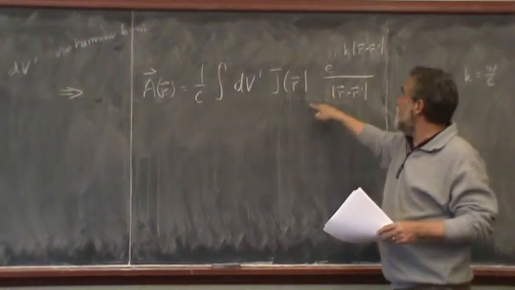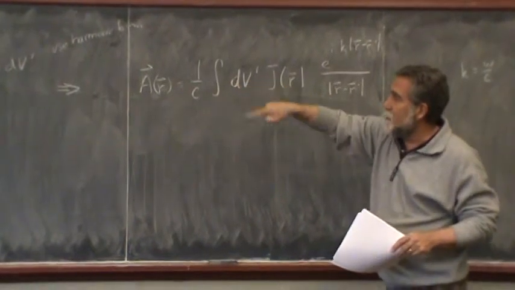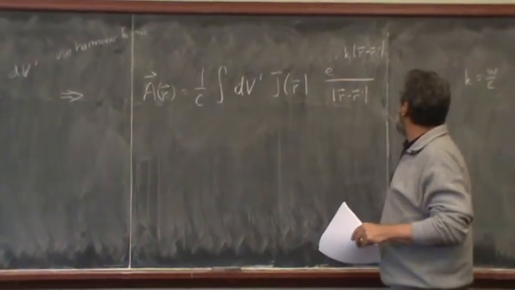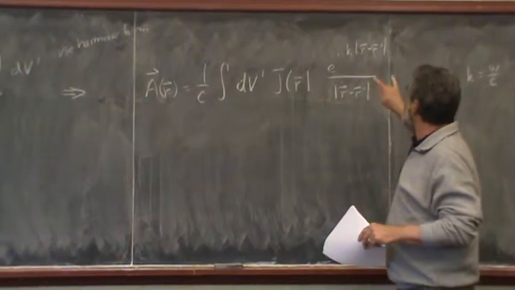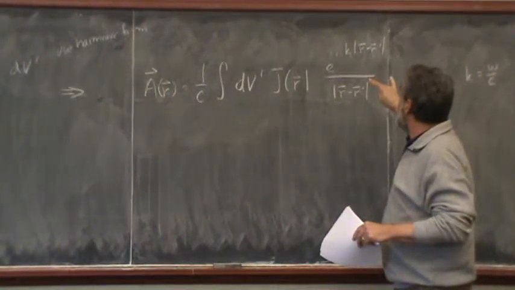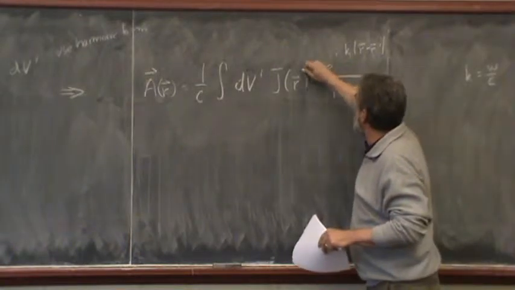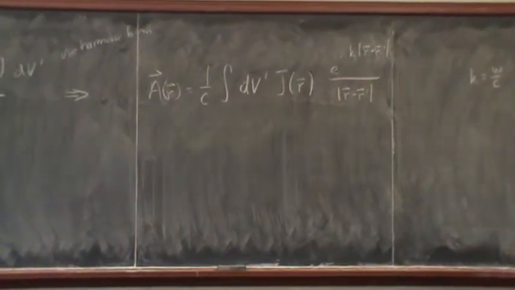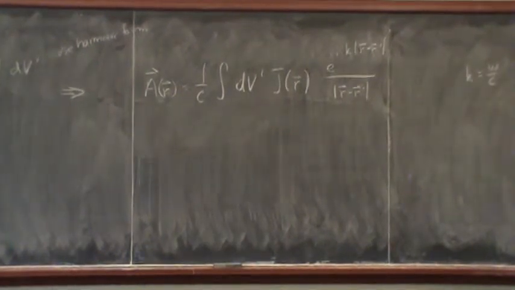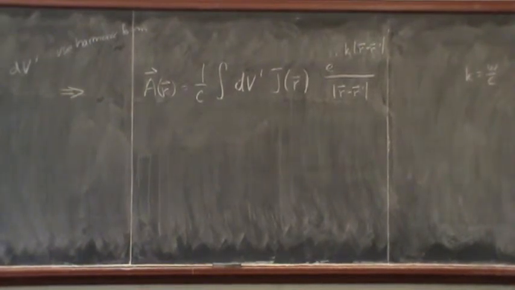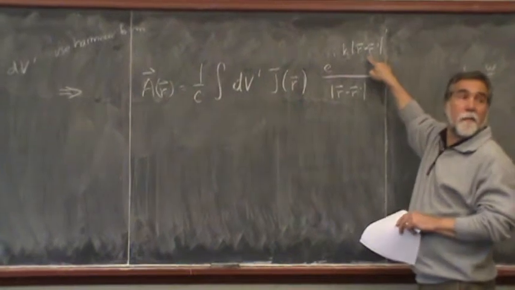I'm using the 3 vector j, so I end up with a 3 vector A. I have explicitly removed the time dependence because this is an oscillating field which just repeats, and the time delay can be included in the k times r minus r prime.